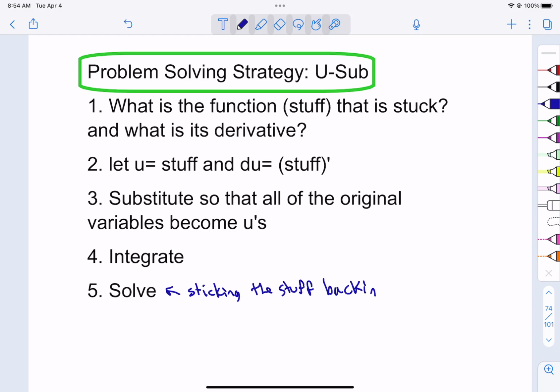Now, again, if you can avoid the chain rule, if there's some way to rewrite it so you don't have a chain rule, do that. You remember when we were learning derivatives, there were techniques that made life easier. You don't want to use U substitution unless you really have to.